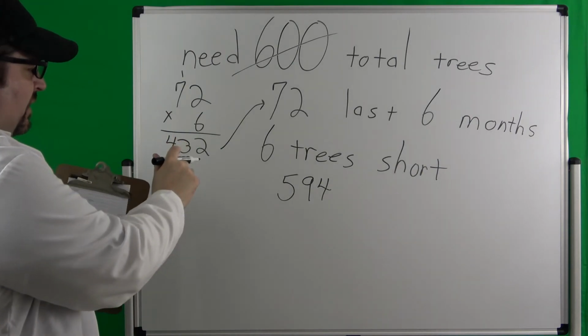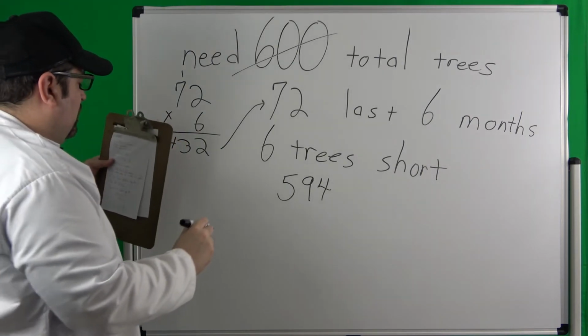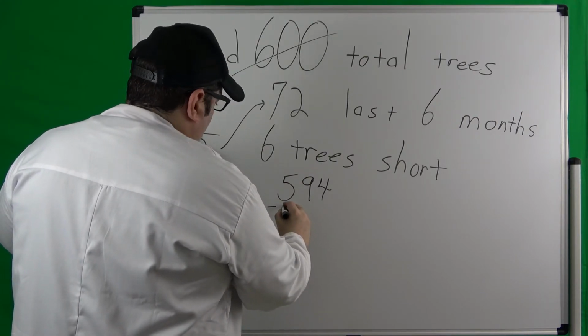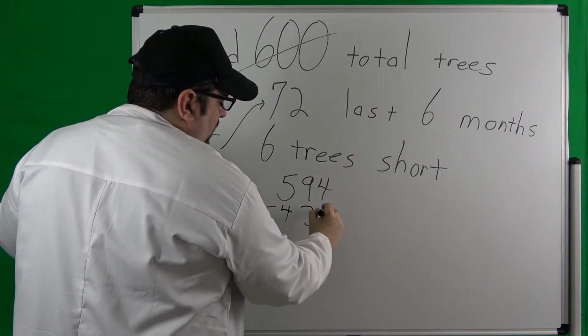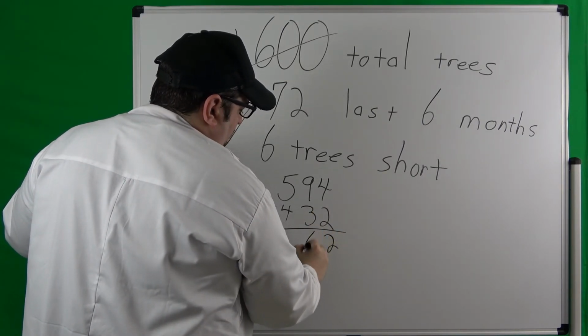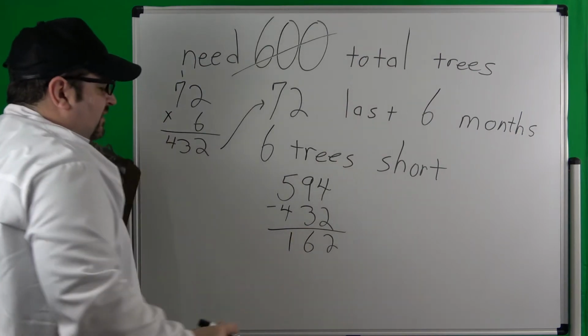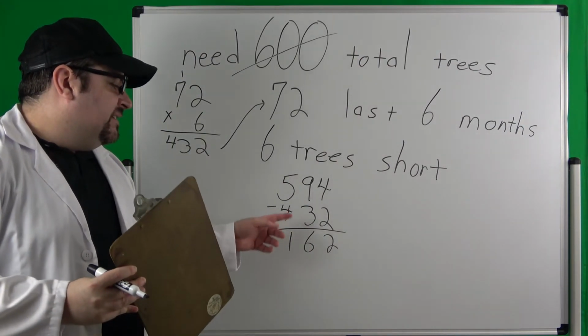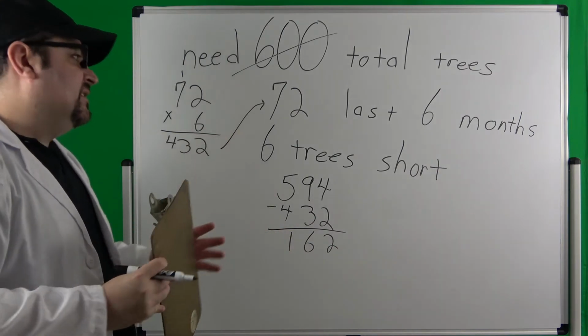So let's take 594, subtract 432. We're going to get 162. So they planted 162 trees the first 6 months of the year.